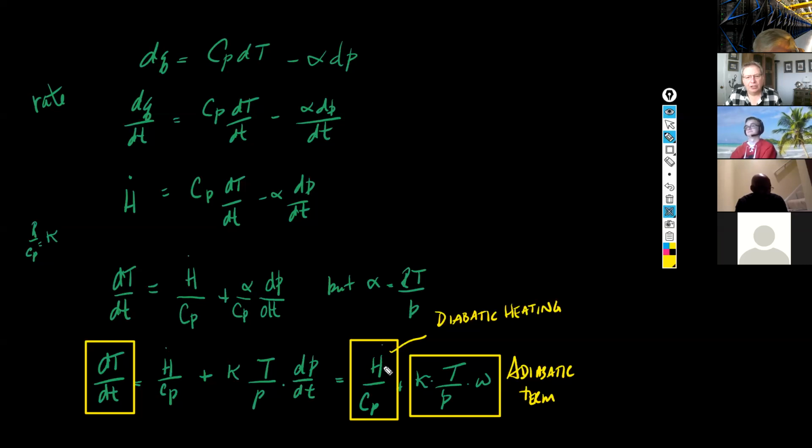Now, I could have taken a different equation in here. What I could have done is use another form of the first law of thermodynamics. I could have used this term. Remember that?